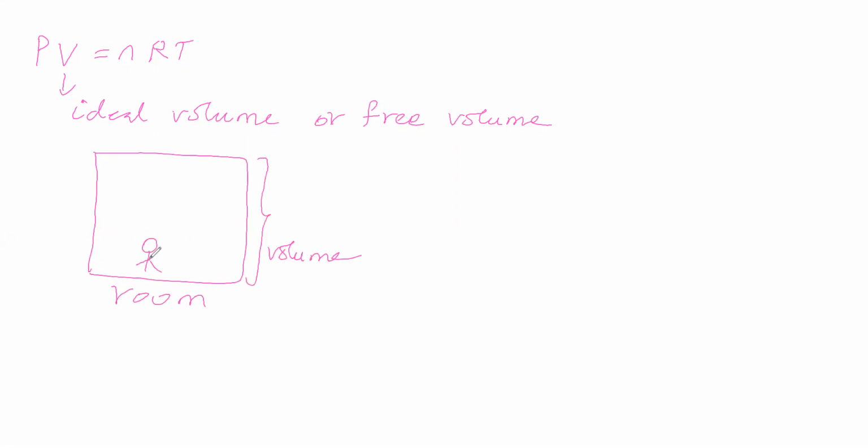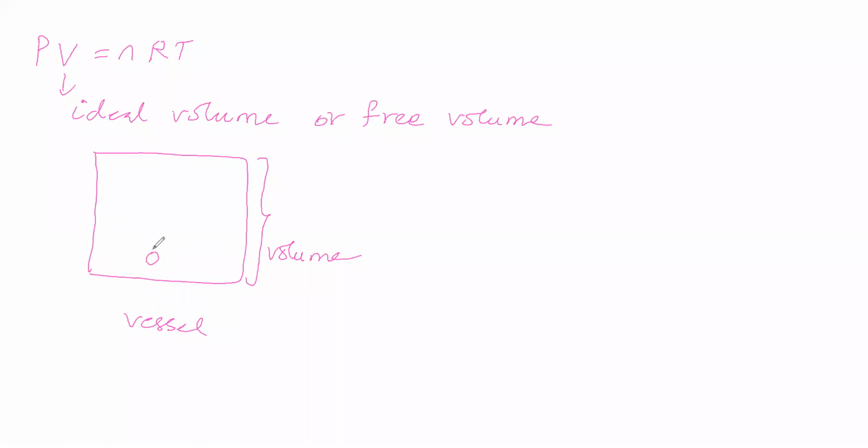In the same way, we will consider this as a vessel. Only one gas molecule is present. Now, shall we say this gas molecule has this complete volume for free movement?